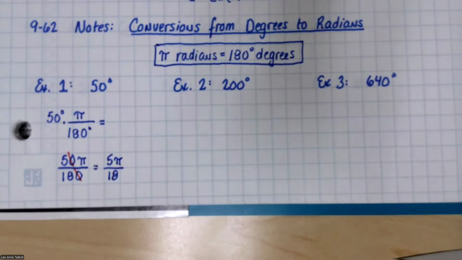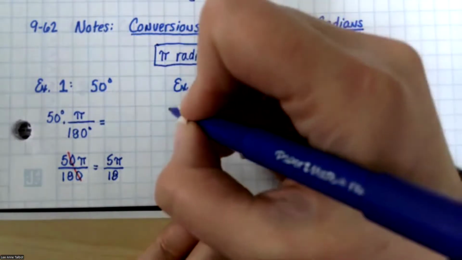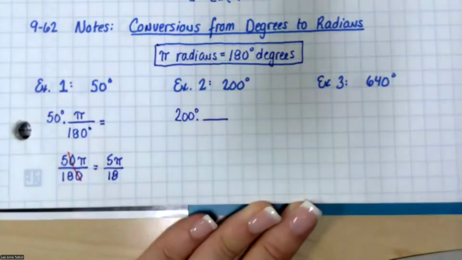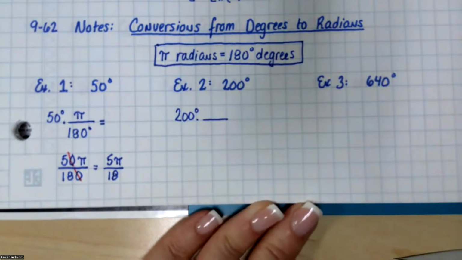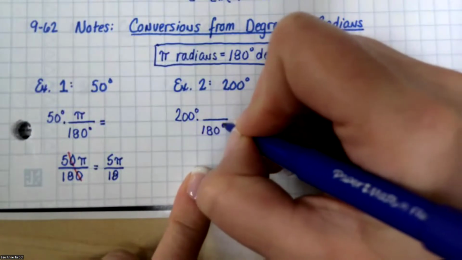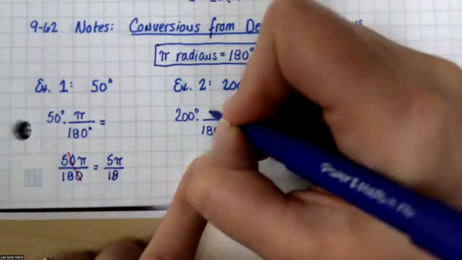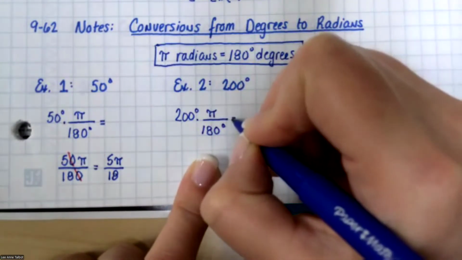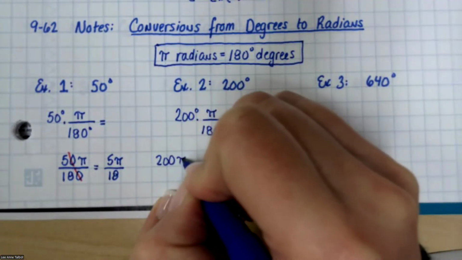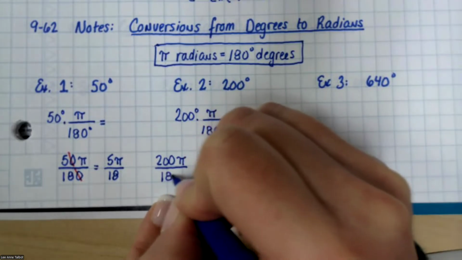Yes, honey? Yes. Okay. 200. Let's go again. 200 degrees times a line. Okay, you have degrees on the top, so you want to put degrees on the bottom to cancel it out. Pi. 200 pi over 180.